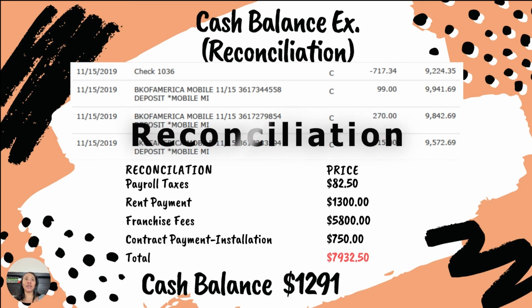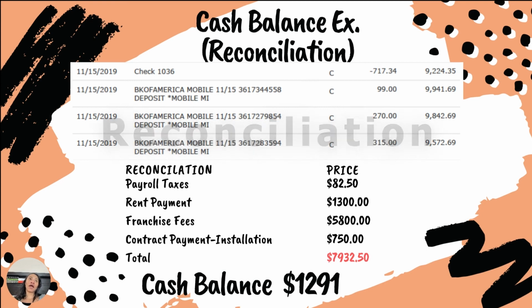Reconciliation is basically, I know I had these amount of charges, the check for 1036 that came out, and then I had all these deposits that came in, left me with a balance of $9,572.69.